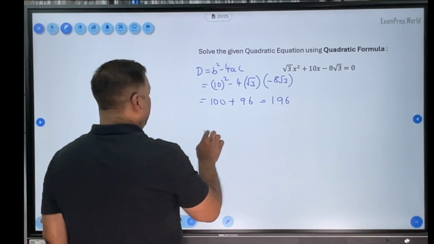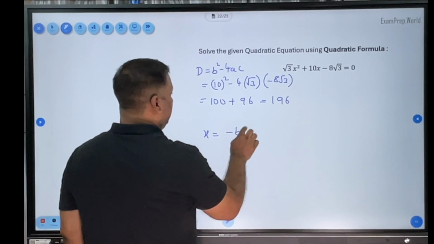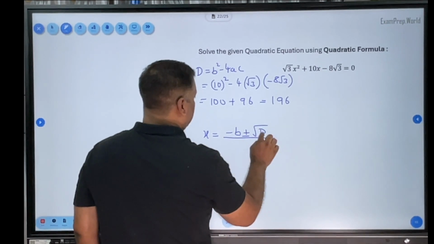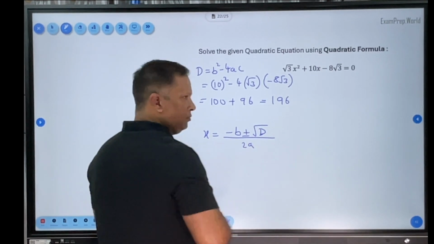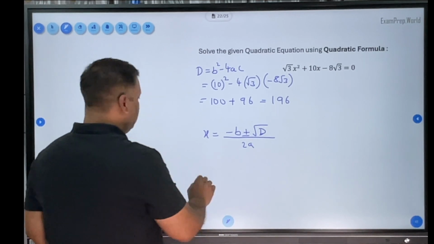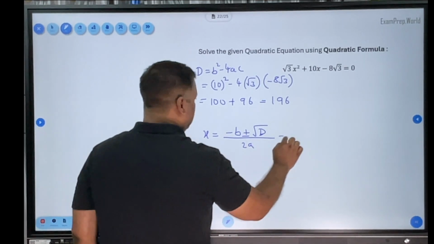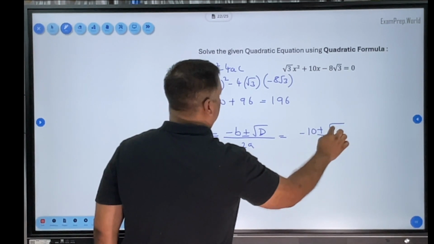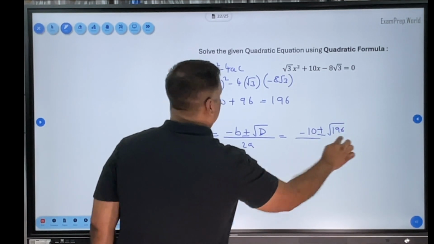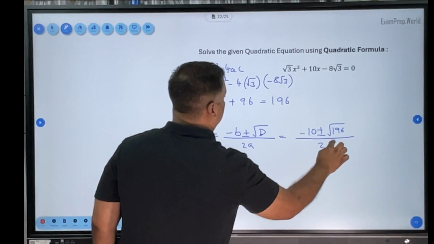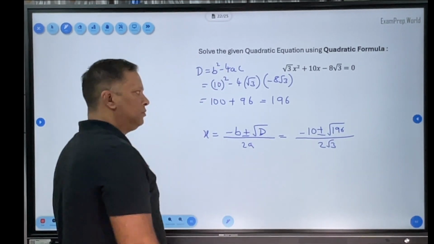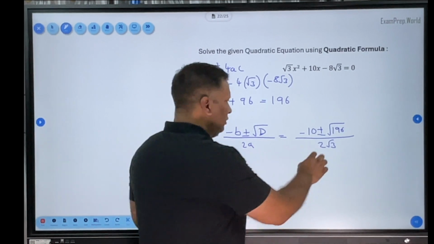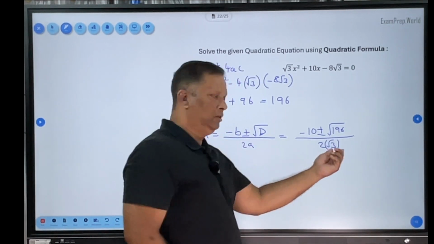Our quadratic formula is x equals minus b plus minus root of D over 2a. So let's input the values. Minus 10 plus minus root of 196 over 2 root 3. A is root 3, so I'll write 2a is 2 root 3.